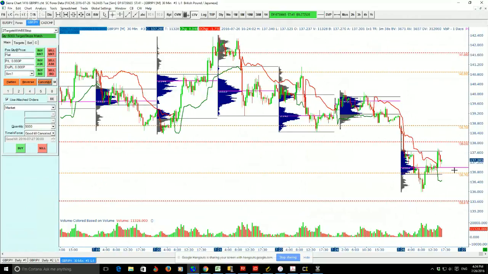I'm not really looking for the POC to move up any higher. I'm looking for a new day starting, and a POC being around this area at the 137,600 area for a new day, and for price to move back down and then try and move up, right? So if price comes back down to this high value node, what is a high value node?